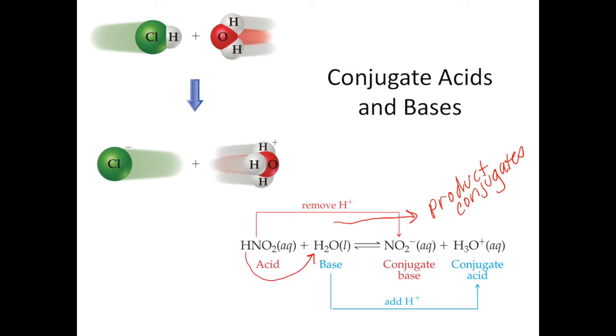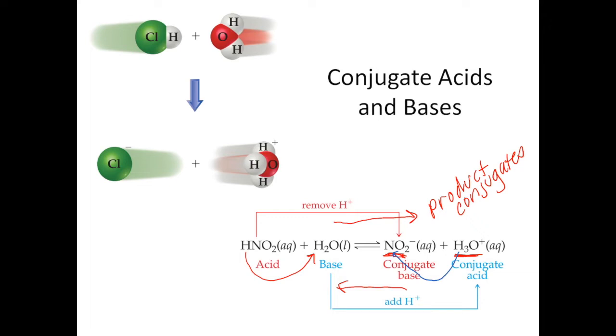the acid is going to donate that hydrogen to the base. And now that acid does not have its H anymore, but the base has it, right? It's gone from 2 to 3. So if we're going in the reverse direction, now my conjugate acid is donating back in order for my reactants to form again when we go backwards.